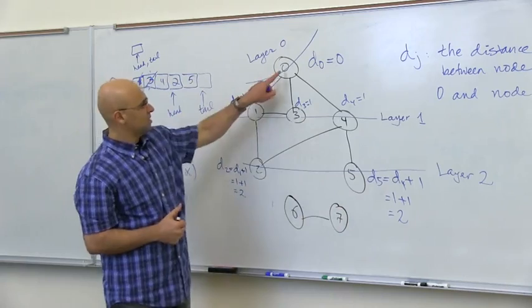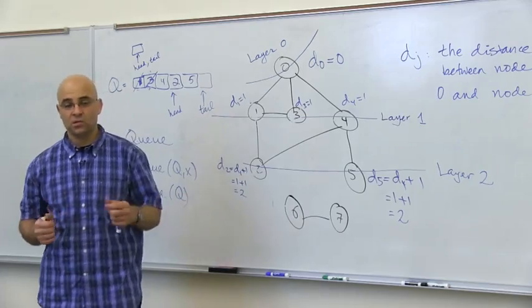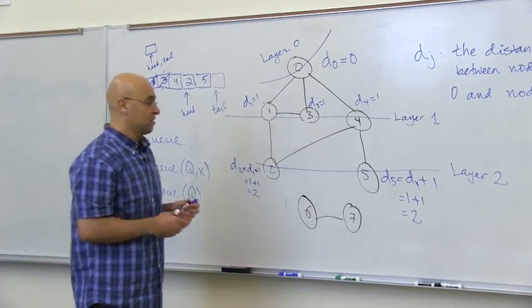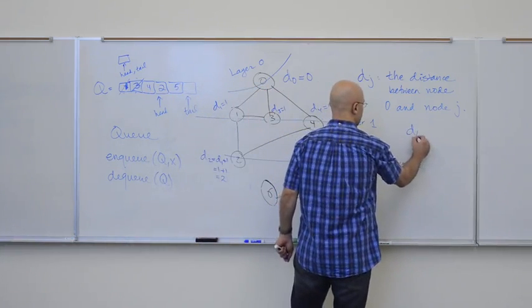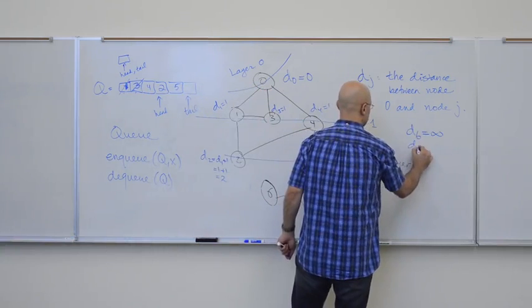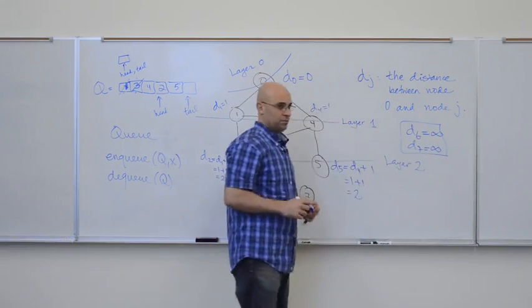So what is the distance from 0 to 6 or from 0 to 7? It's infinity. So we have to make sure that the algorithm says d6 equals infinity and d7 equals infinity. We want this as part of the output.